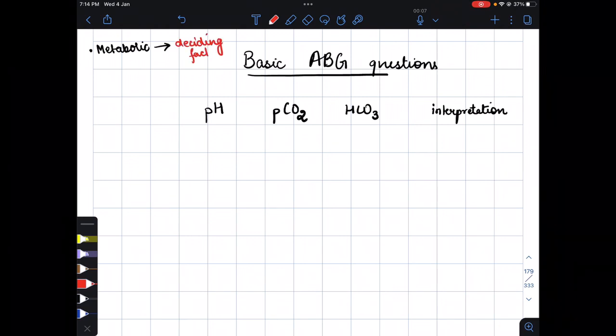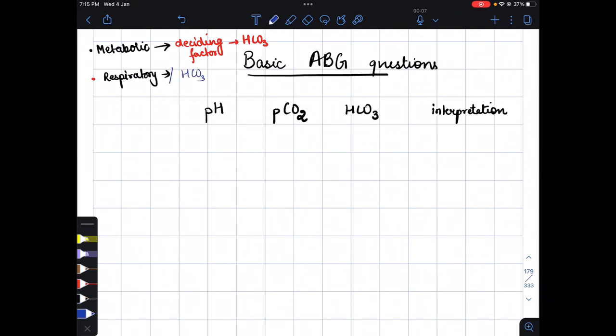While for the respiratory cases, there is nothing related to bicarbonate. In respiratory, please don't bother about the bicarbonate level.